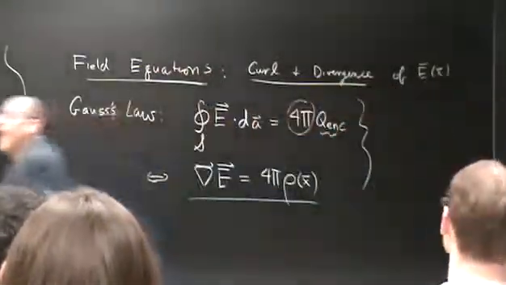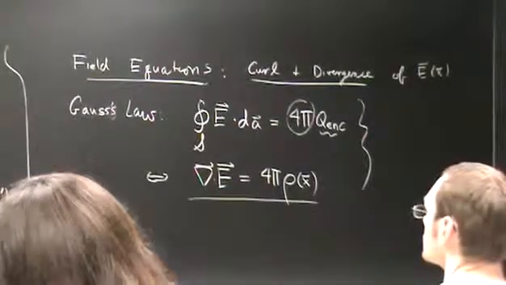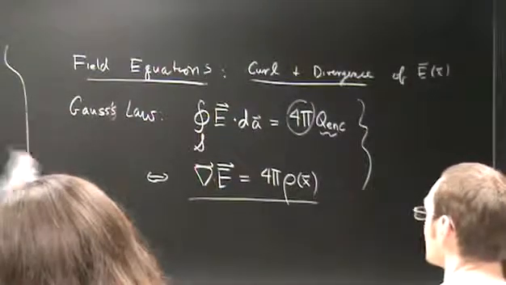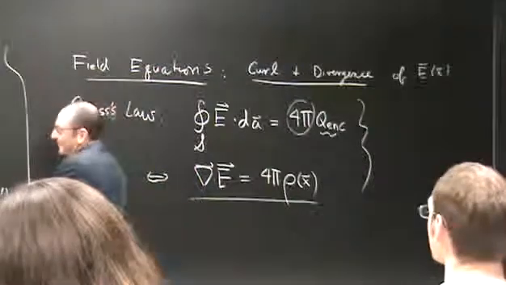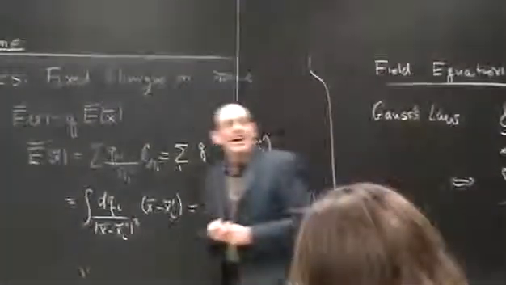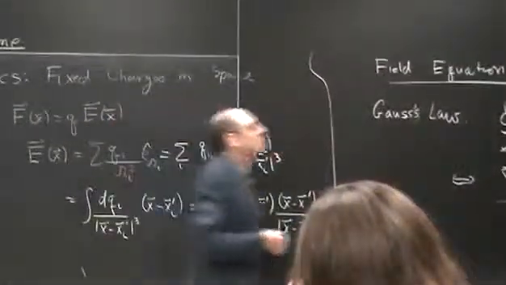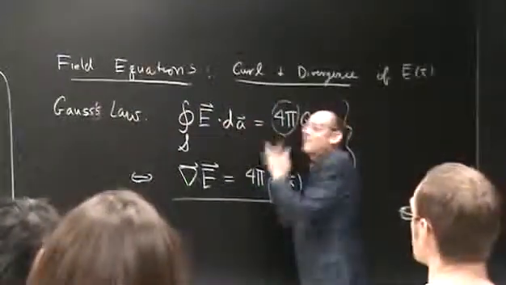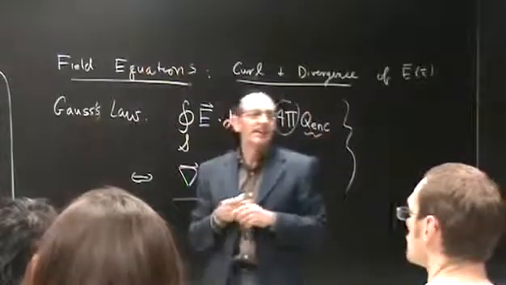And when we can use it to find the electric field, it's the best thing in the world to do. You should do it. But just because Gauss's law is true doesn't mean we can use it to immediately determine what the electric field is.